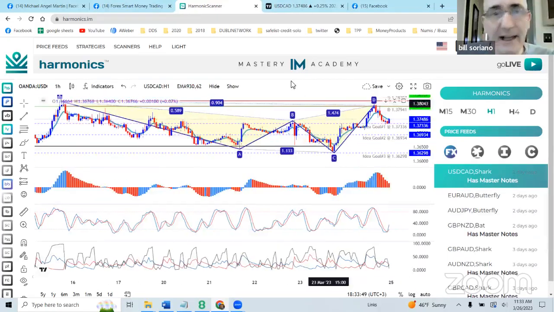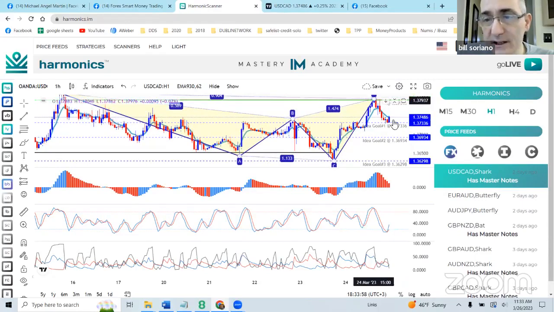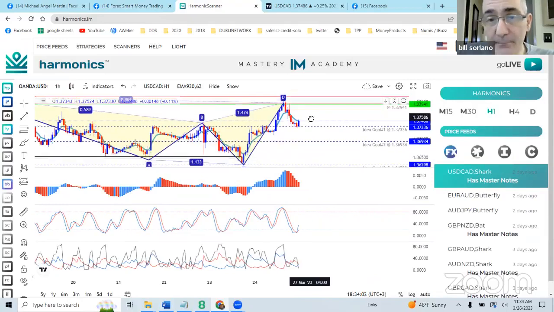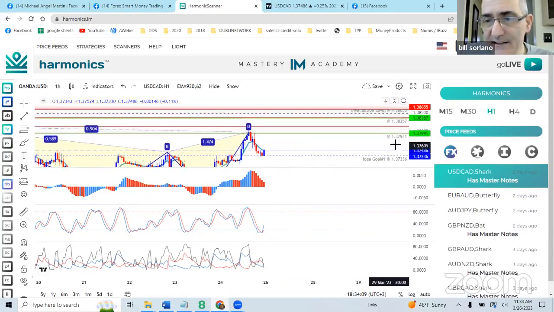Now, once we get a scan, let's just use this scan here. This is USD CAD, and this is basically a scan telling us to sell this. We know that because the D point is up above, not down below. And we can also see that it's giving us a couple entry areas and an invalidation zone.